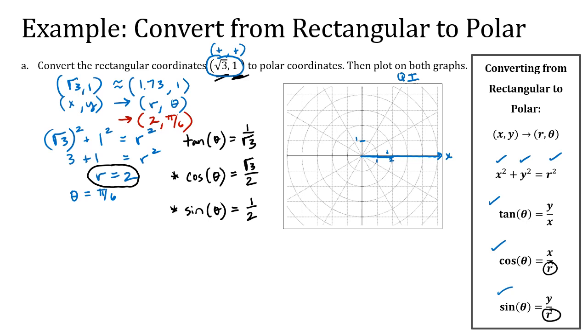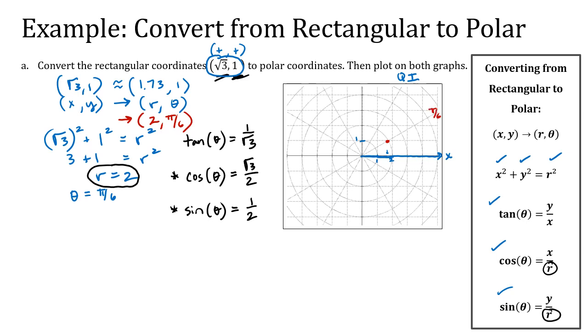Now let's make sure that we've done that correctly. Take a look at the rectangular graph where we plotted the point, right? We said that that point was about right here. And if I take a look now at the overlay of the polar system, I can see that pi over 6 is in the first quadrant.